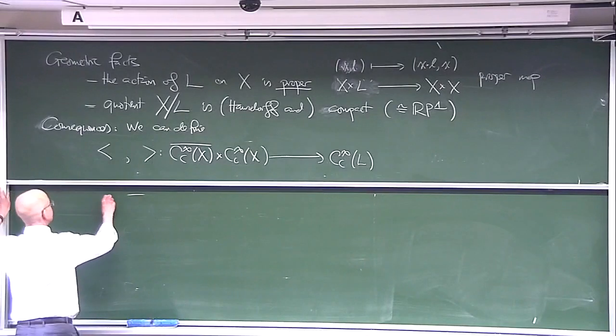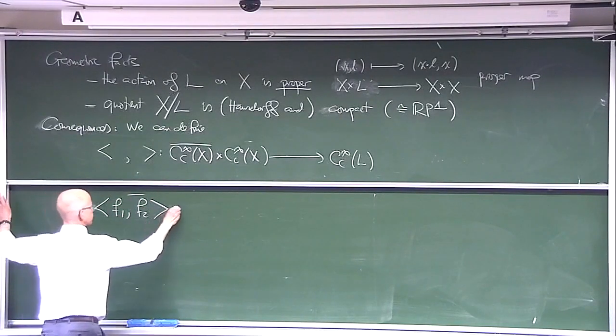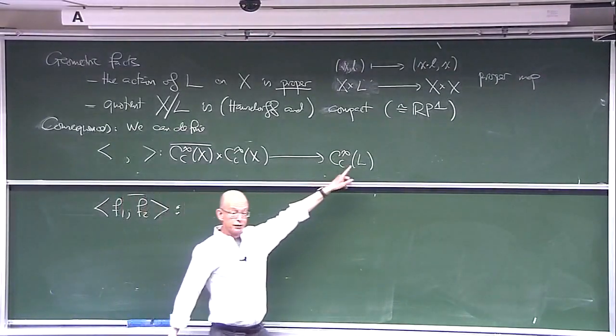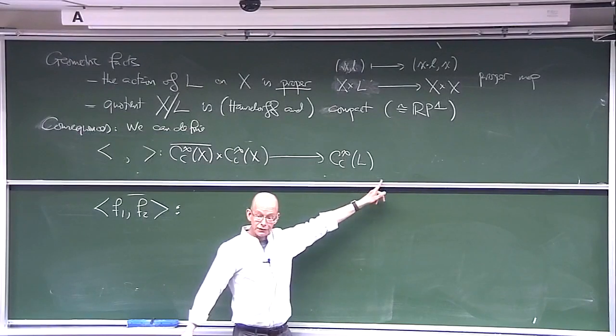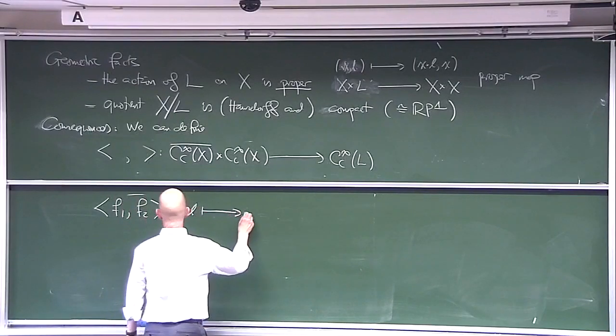So what is this thing? This inner product is supposed to be not a scalar, but a function. And so in order to tell you what it is, I have to tell you what the value of this function is at some element L. And here's what I'll do.